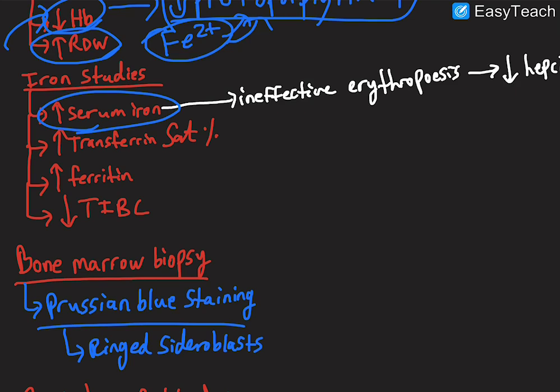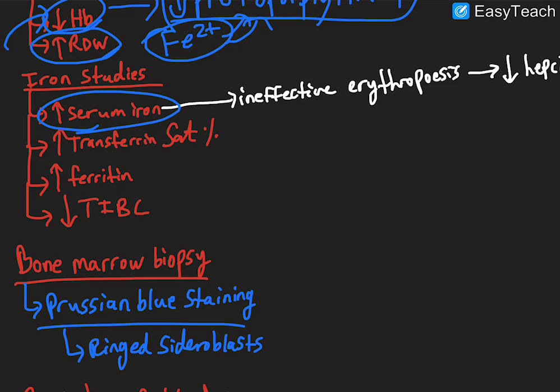And you won't have an effective amount of red blood cell production. So that's ineffective erythropoiesis. Remember what we said: if we have ineffective erythropoiesis, the goal is to have more iron in our blood with the hope of making ineffective erythropoiesis effective again.